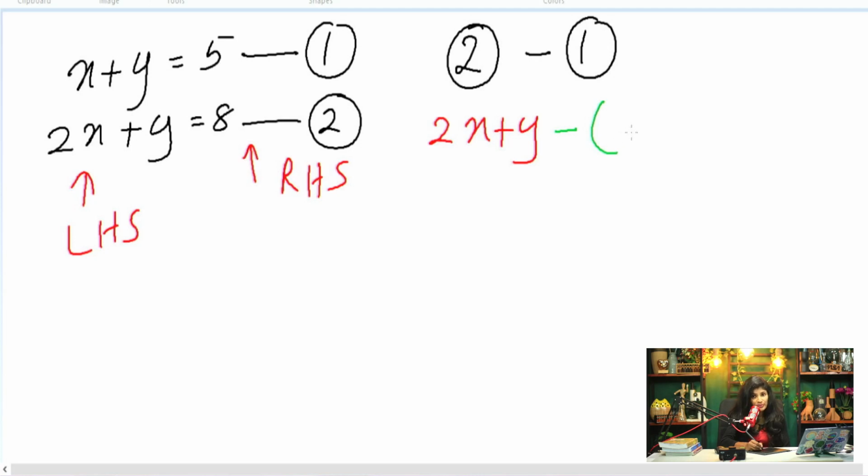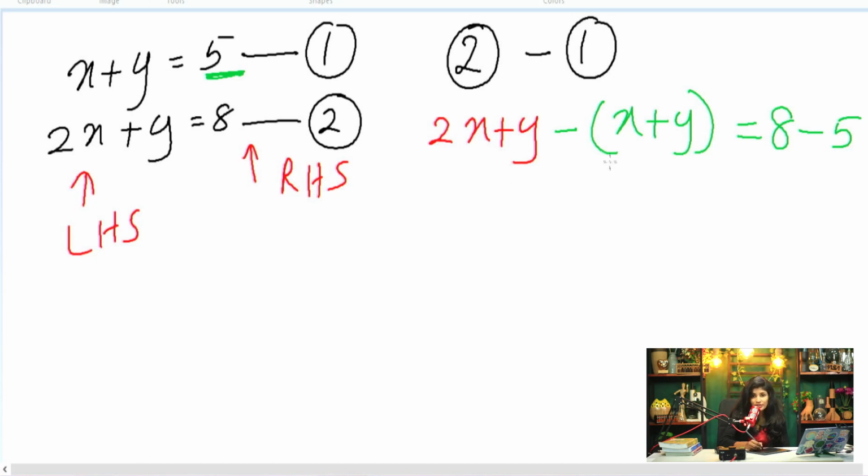I will use a bracket here: x plus y. Now equals the right hand side of the equation, again 2 minus 1. The right hand side of equation 2 is 8, minus the right hand side of equation 1, that is 5.